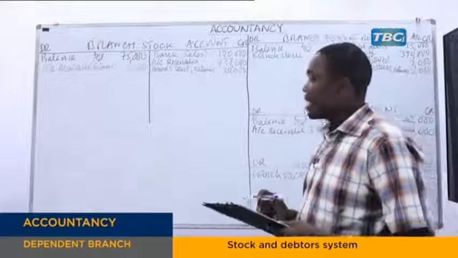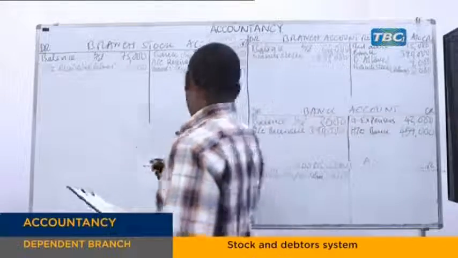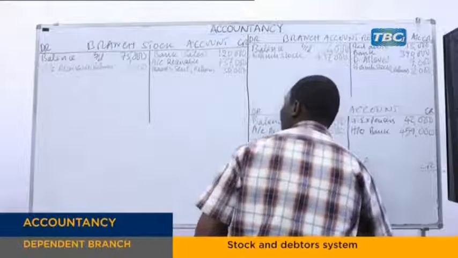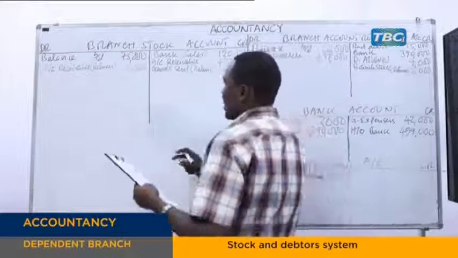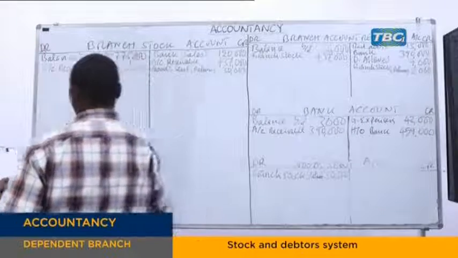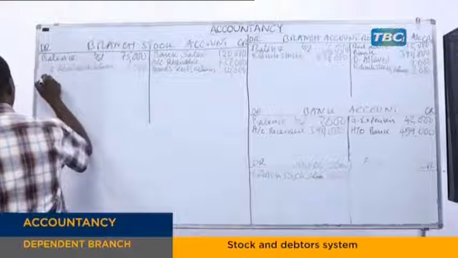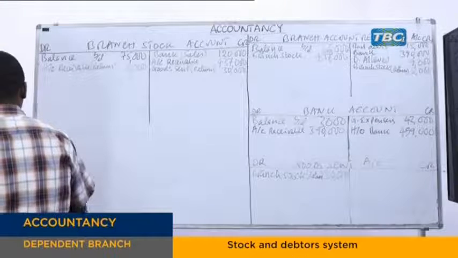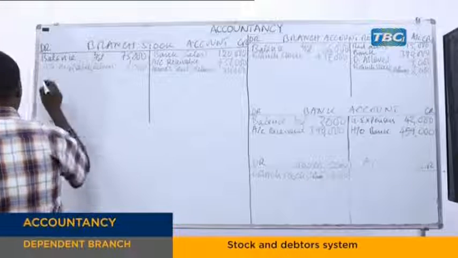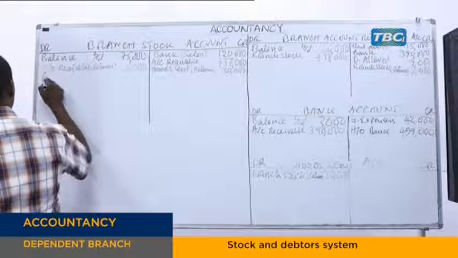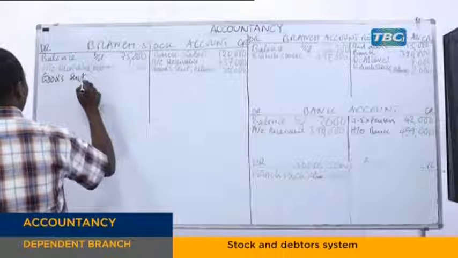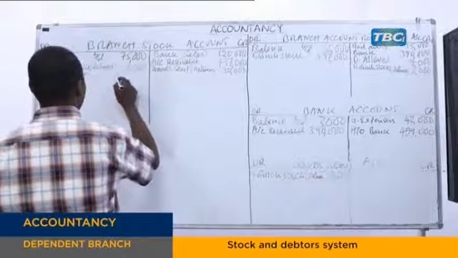For goods sent to branch at transfer price, of course, we credit goods sent. Yes, let me record it here first. Goods sent 600.